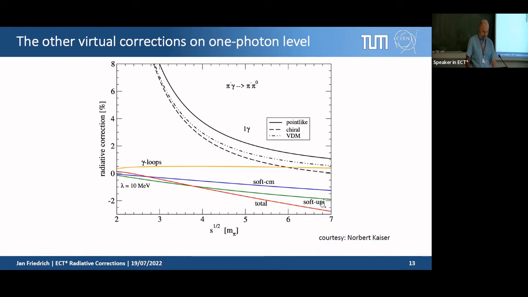And here this green line refers to a cutoff of the soft photons at 10 MeV. This is already quite large. One has to realize that at, let's say, 3 pion masses, we are at 500 MeV rather. And then 10 MeV is relatively already sizable.